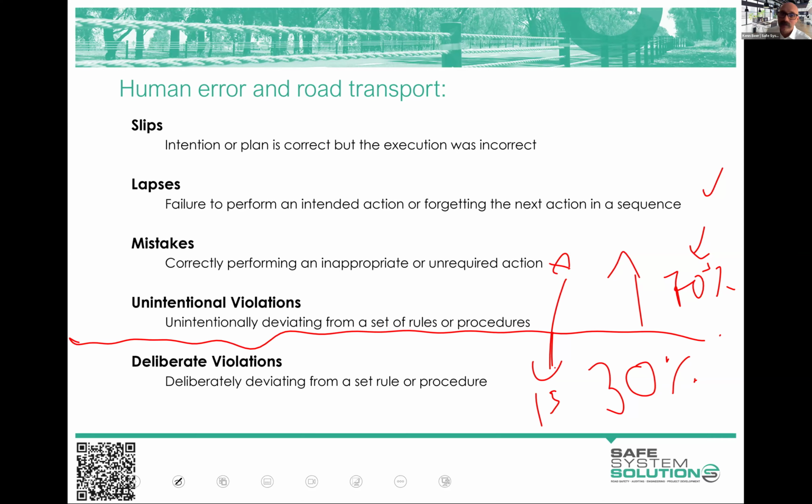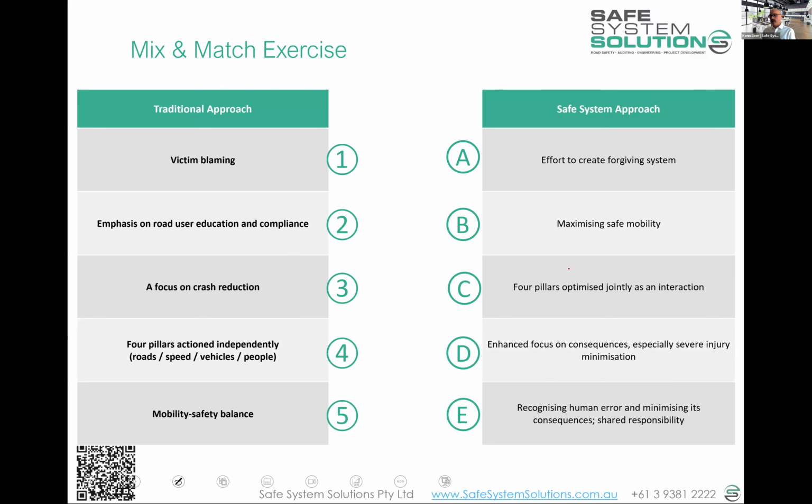Now, what I want to do is give you time for a break, a stretch, time to fill up a coffee, but also to play this little game, a mix and match exercise, we call it. On the left there, you'll see the traditional approach to road safety.